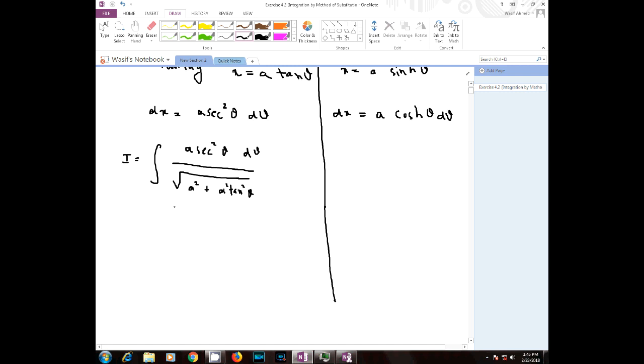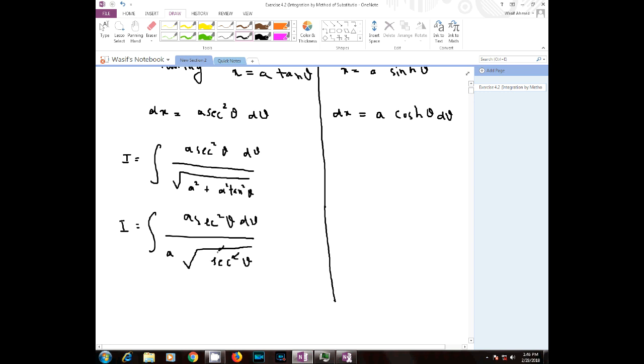And solve the denominator. I would get a square taken as common and taken out of the square root, and it simply becomes a. And in the denominator we have 1 plus tan square theta, that is equal to secant square theta.